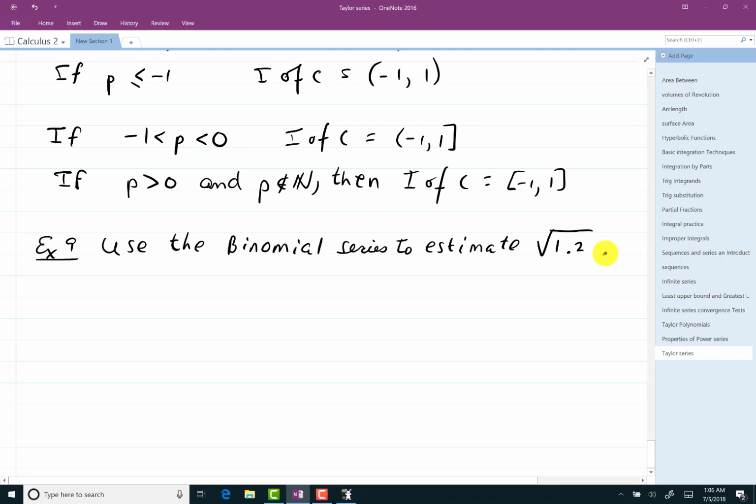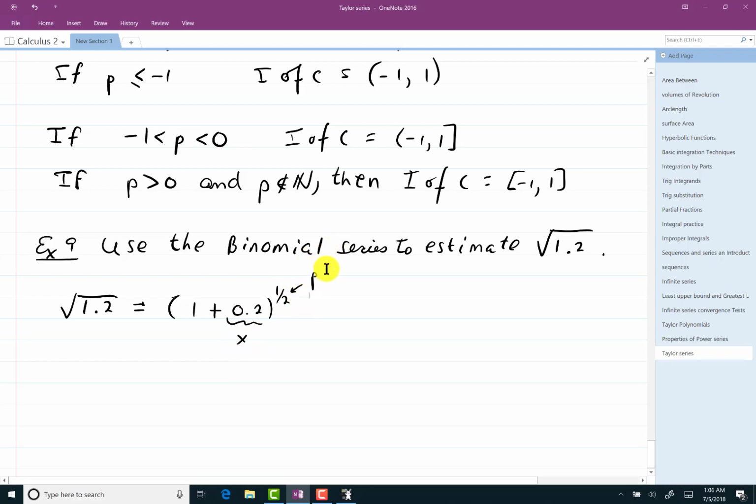And the way you need to think of it is this way. The square root of 1.2 equals 1 plus 0.2, to the 1/2 power. So this guy right here is your x, and that up there is your p. So now you're ready to use the formula.